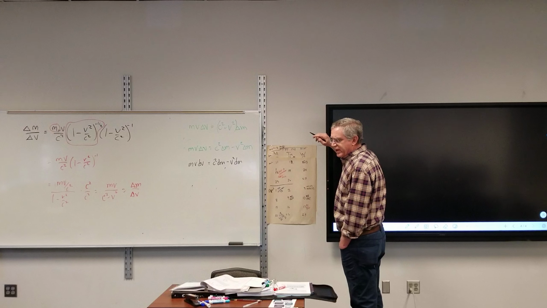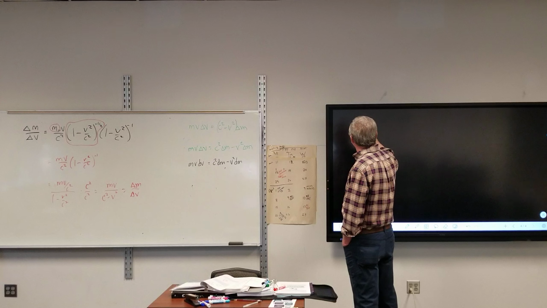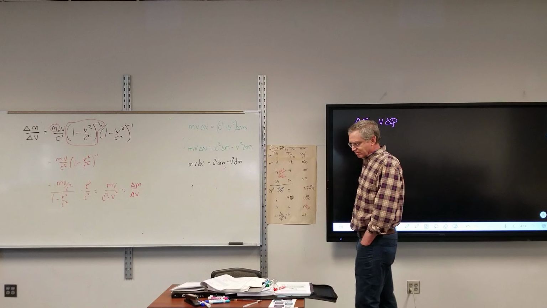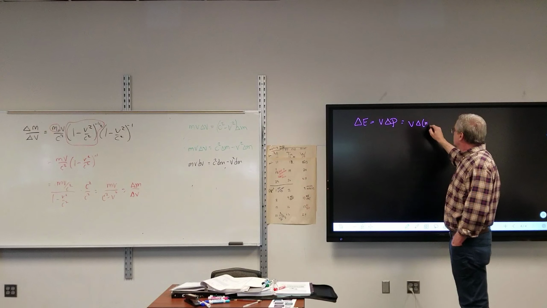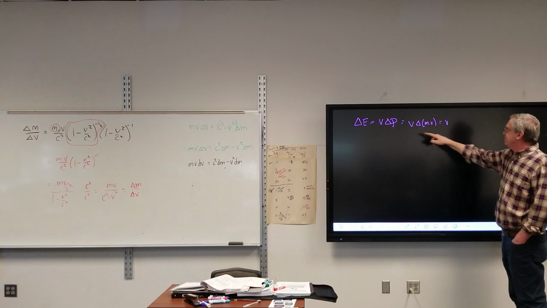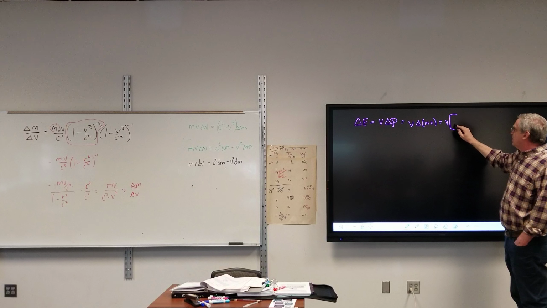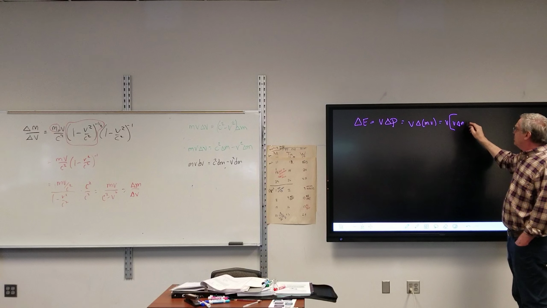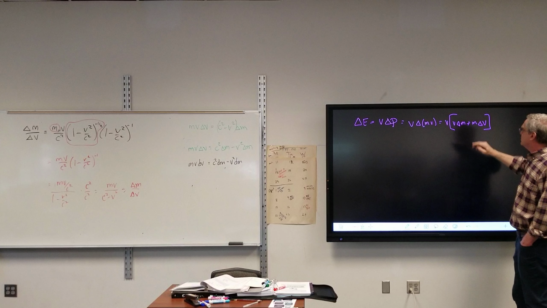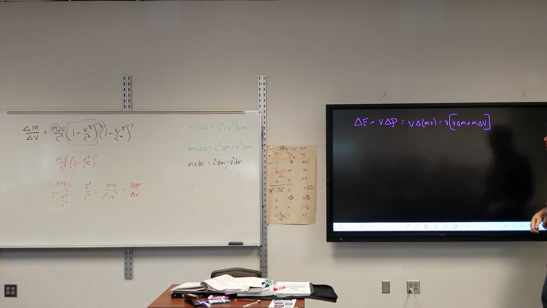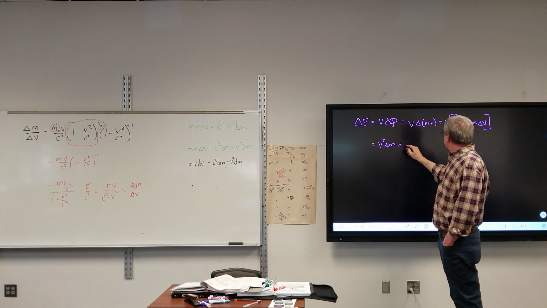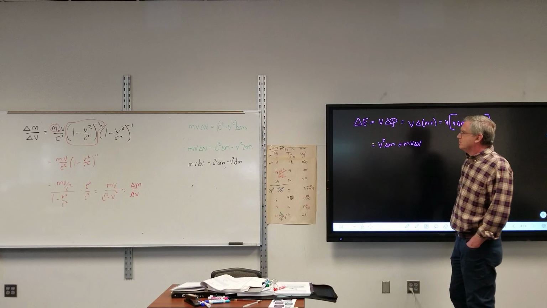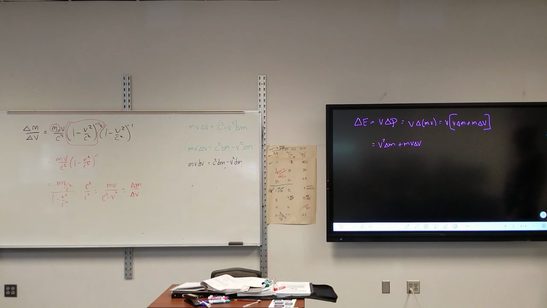All right, so what we have is that the change in energy is equal to V times the change in P. I know P is mV. So this becomes V, that V right there, times V delta M plus M delta V, using the product rule, which means that is V squared delta M plus mv delta V. Hey, what a coincidence.